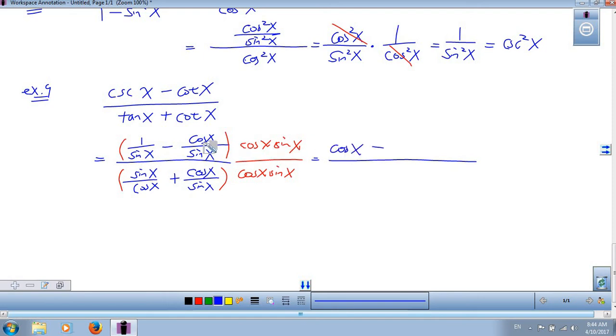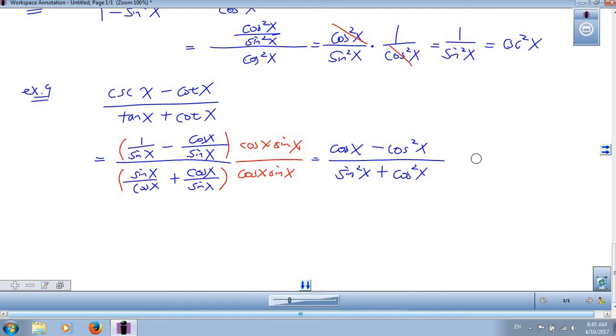Cosine times sine times cosine over sine becomes cosine squared x, but the sine cancels out. Cosine times sine over cosine, the cosine cancels out, becomes sine squared x, plus cosine times sine times cosine divided by sine, so it's cosine squared x, the sine cancels out.